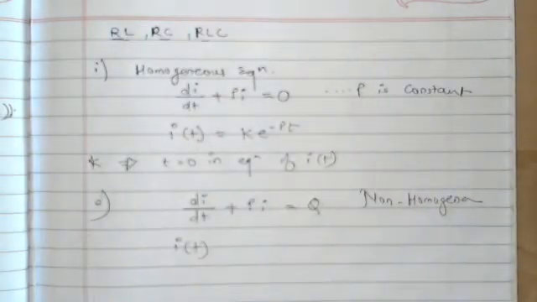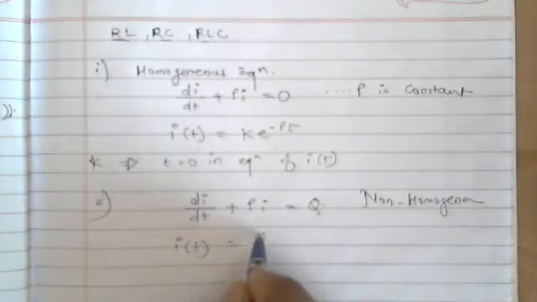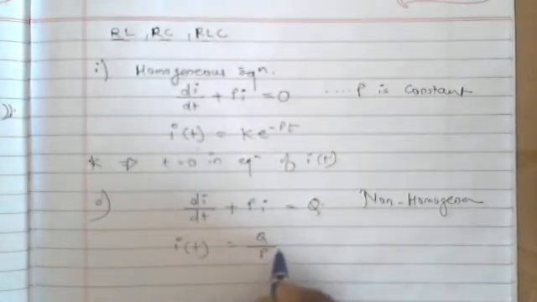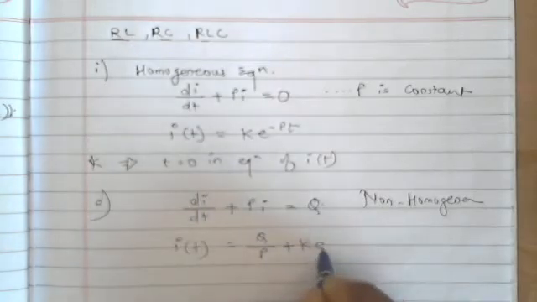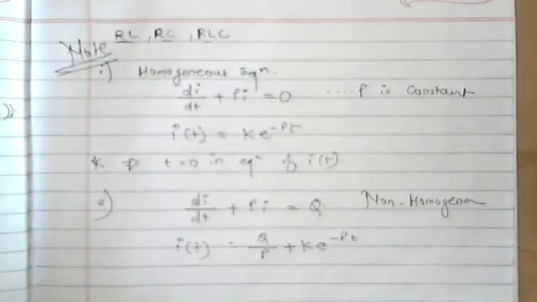If such a type of equation is there, then its solution is given as i(t) = q/p + k·e^(-pt). Okay, so these are very important points, and you should keep these two points in mind while solving these equations. Now let's see one example.